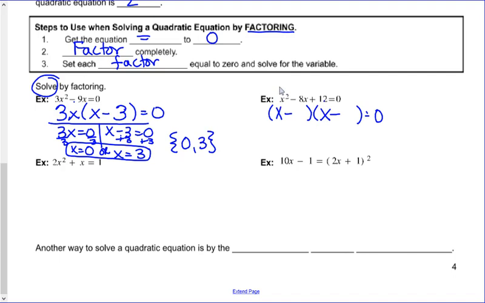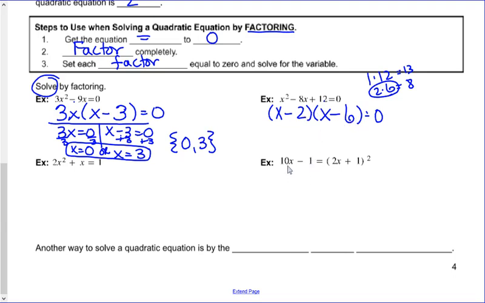And now since I have a nice 1 in front, this is where we get to use the trick. What do we multiply to get 12 that we add to get 8? Well, 1 times 12, 2 times 6, this gives me 13. When I add, that gives me 8. Oh, ding, ding, ding, I don't need to go further. Therefore, I'm going to throw 2 and 6 in as my factors, x minus 2, x minus 6.